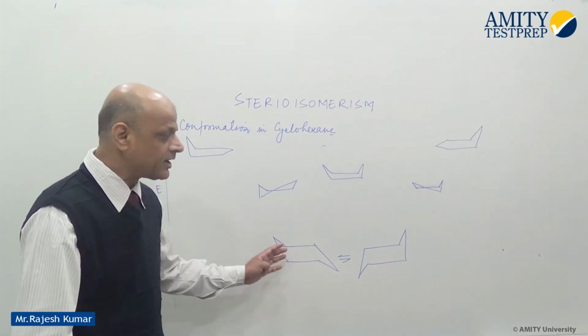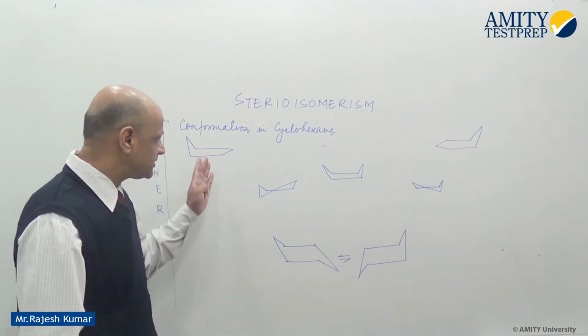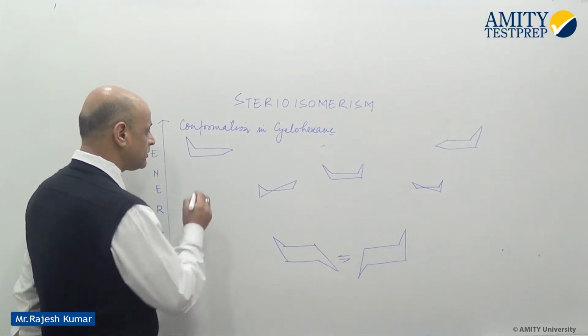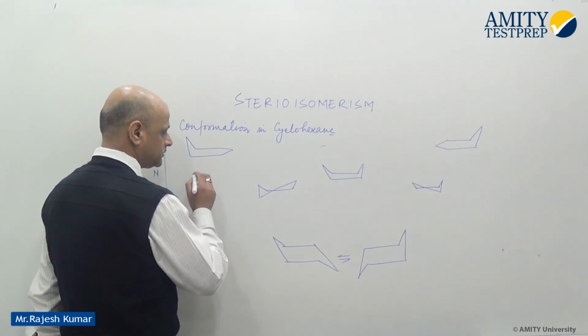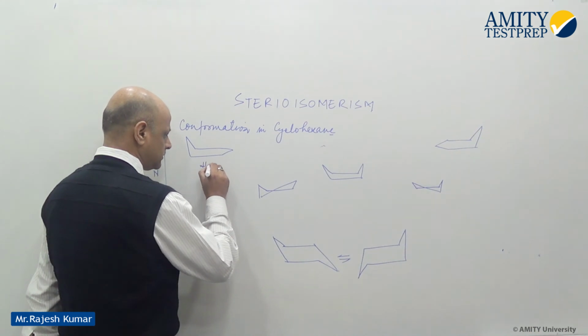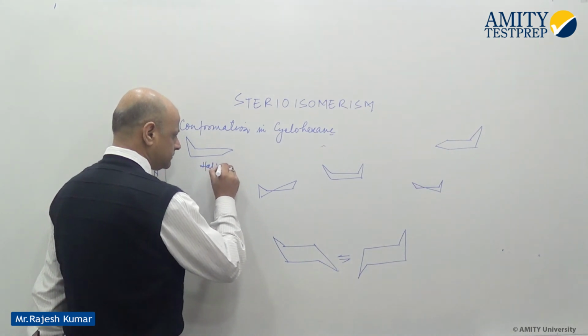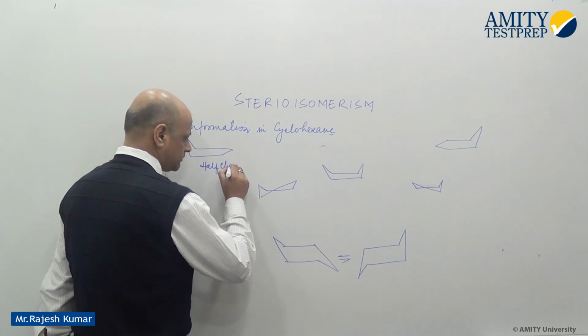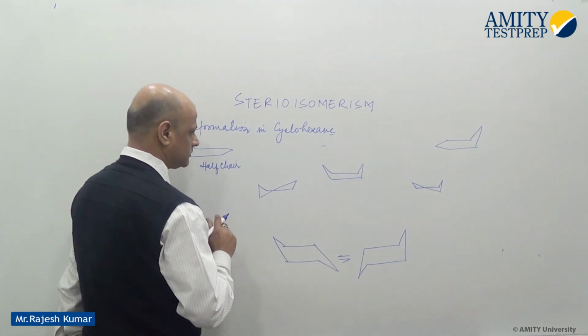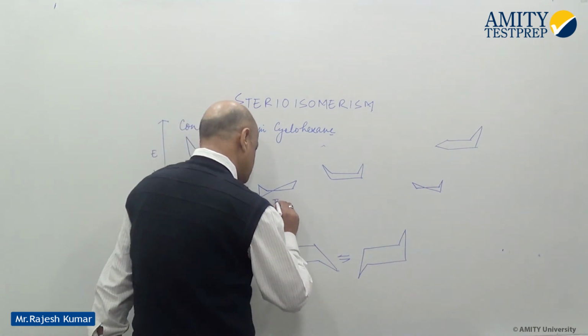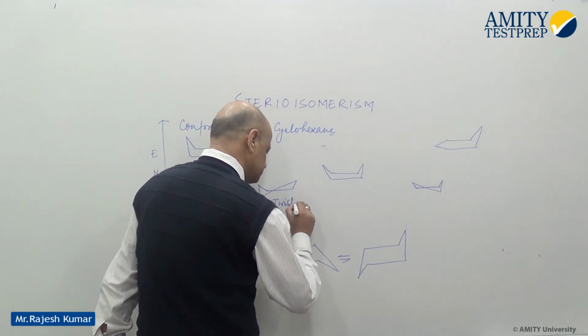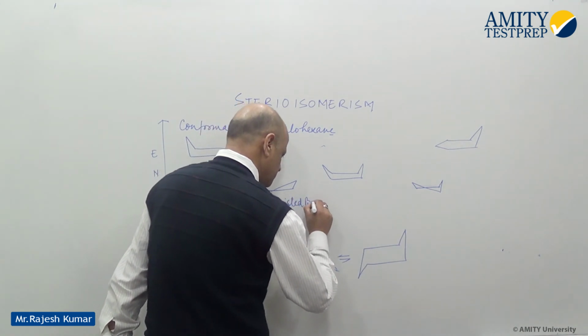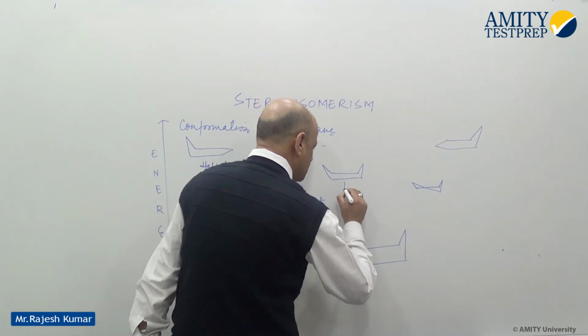One chair form gets converted to another by following this process. It first gets converted into the half chair, then twisted boat, and then boat.